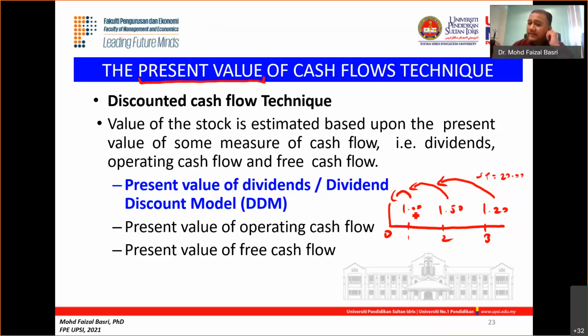So these are the dividends, 1 ringgit, 1.50, 1.20, and we're going to bring this 20 ringgit selling price to today's value as well. So that's why we're going to present value the dividends, and also the selling price.